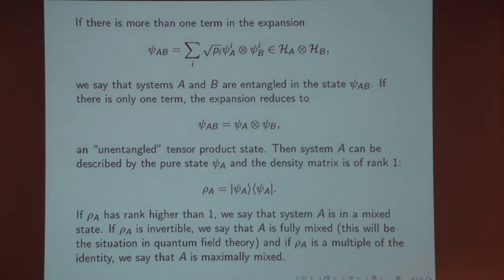If the density matrix has rank higher than 1, we say that system A is in a mixed state. If the density matrix is invertible, we say that A is fully mixed. That's the situation in quantum field theory. And if it's a multiple of the identity, we say that A is maximally mixed.